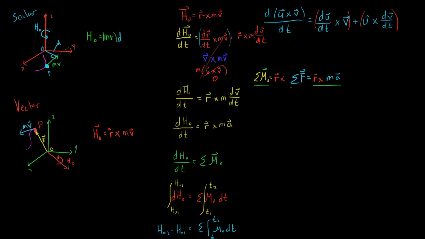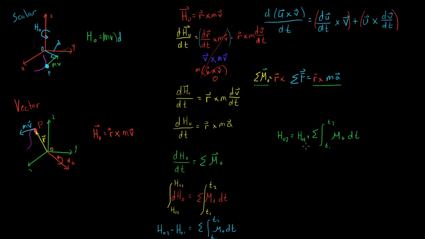So we can bring this initial angular momentum to the other side of the equation. So we get the final angular momentum is equal to an initial angular momentum plus the sum of any of the moments that are acting on this. And what this is right here is the angular impulses.